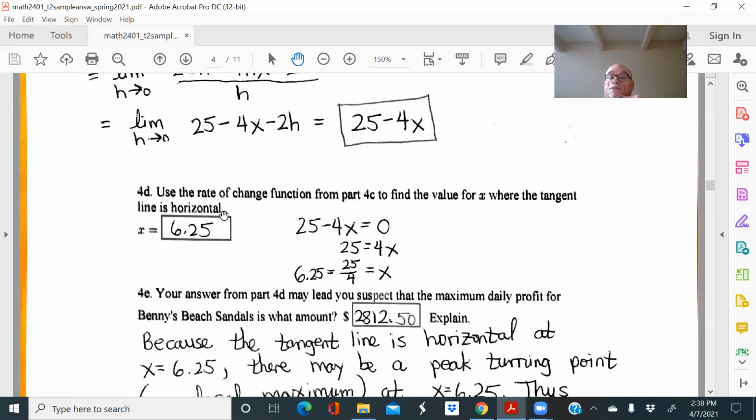So it's at x equals 6.25. That's where the tangent line to this profit function is going to be horizontal, and that leads us to believe that we're going to have a maximum profit at 6.25, right?